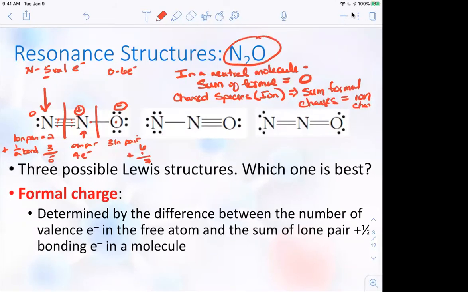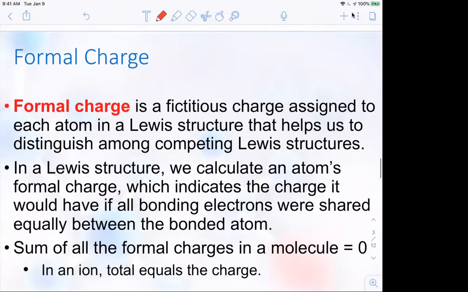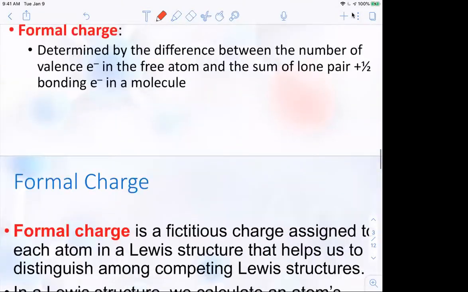This is neutral. So if I add plus and negative, I get 0. So my overall charge on the molecule is 0, even though I do have a positive charge on the center nitrogen and a negative charge on the rightmost oxygen. Now, if I look at these other structures, I can do the same thing and figure out what those are.